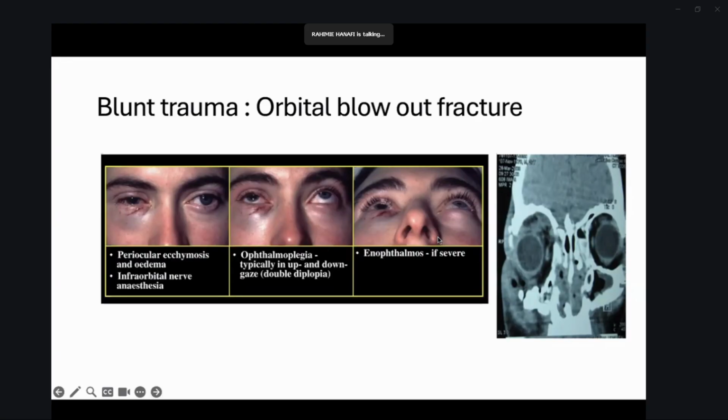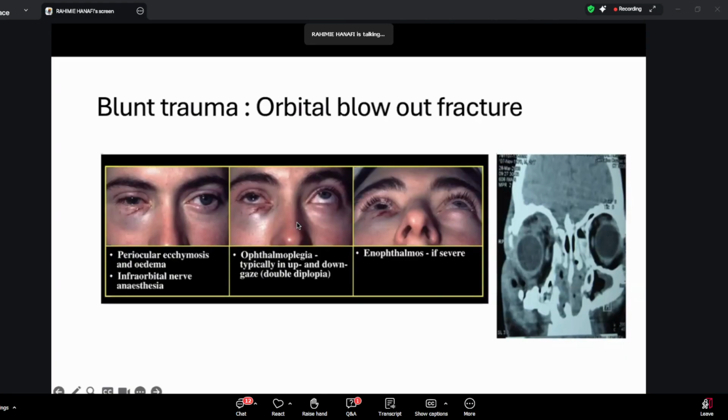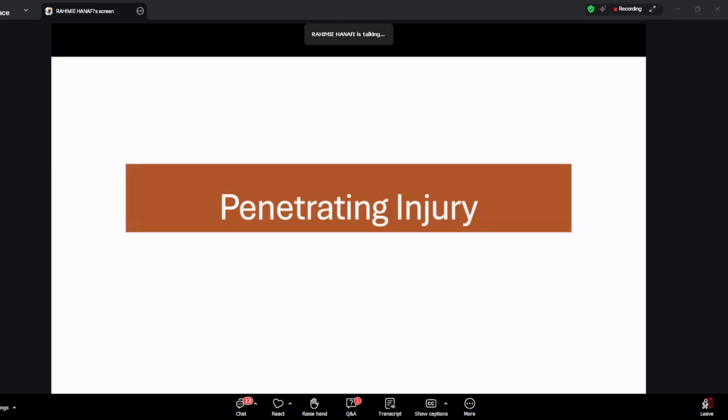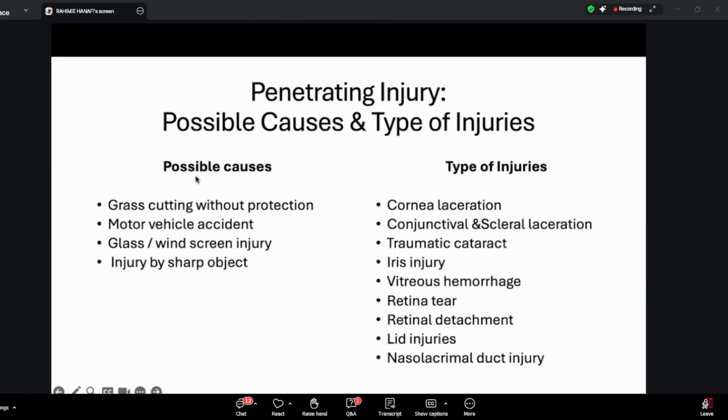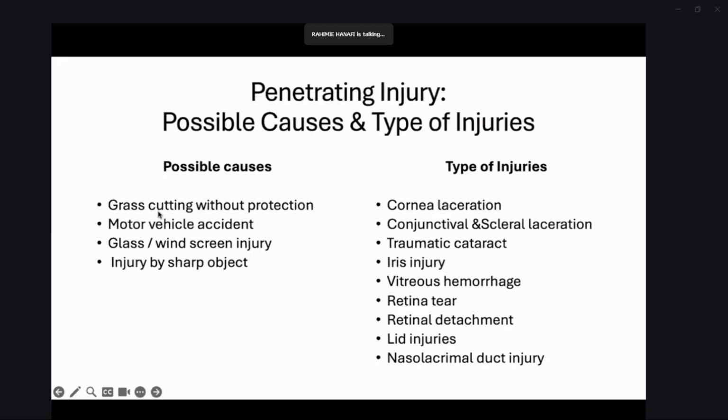Of course, this type of case, if you see something hit the eye, yeah, you need to refer patients to us. Okay, the next one is the penetrating injury. The common cause is from grass cutting activity that they do without eye protection, motor vehicle accidents, of course glass windscreen injury, or any injury by a sharp object, for example at school, like pencils, mechanical pencils, right?